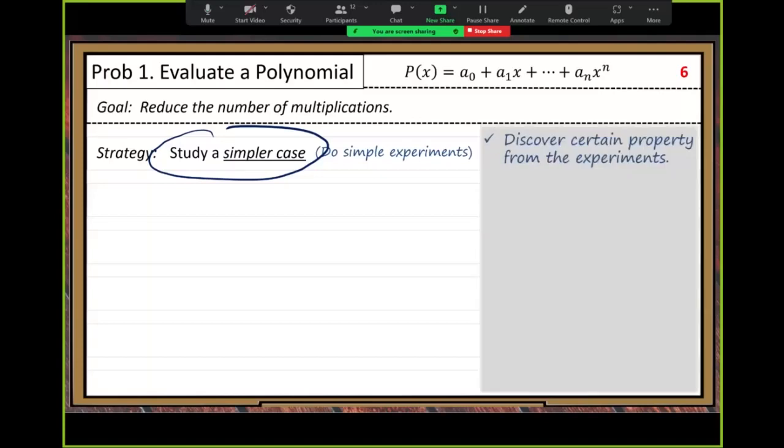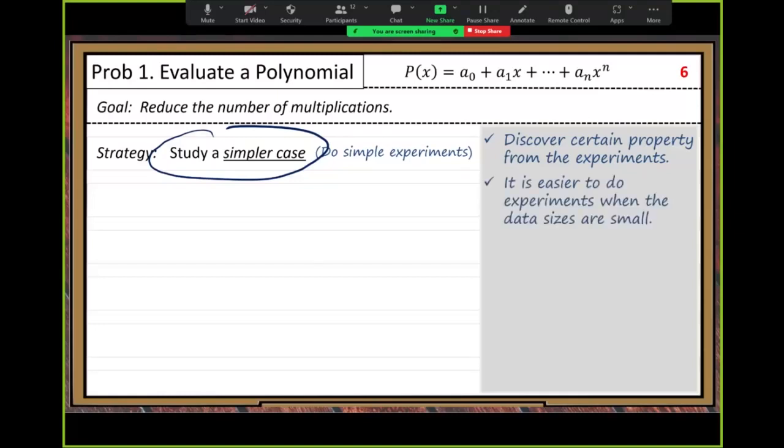Discover certain properties from the experiments. If we do not do anything, it's hard to see anything. If you only use your imagination, it's hard. We need to do something concrete here.